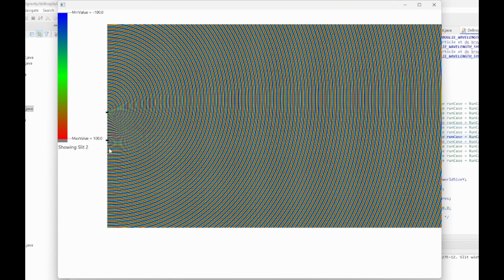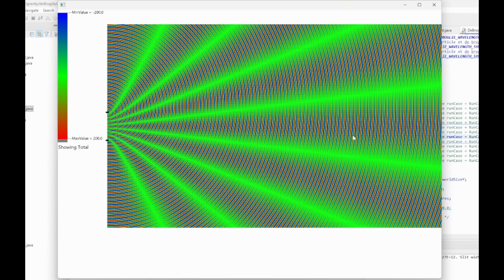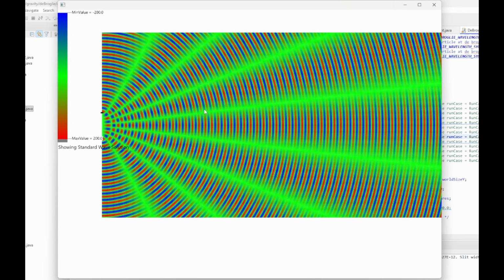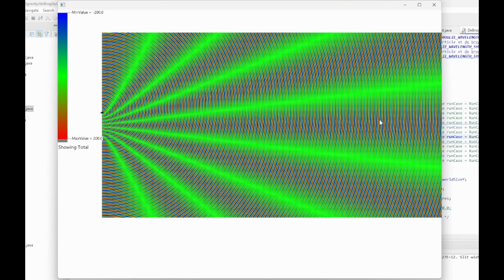The bottom slit is where the light signal is coming through, adjusted to the time of the particle, and then the resulting combination of the two. Ooh. And now if we compare it to the correct solution, you can see that the dark spots line up very well between the two.